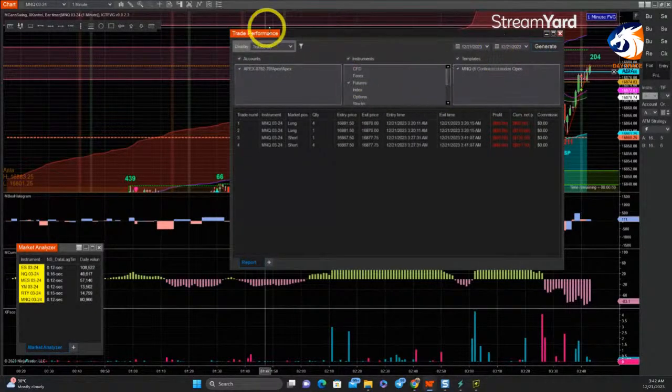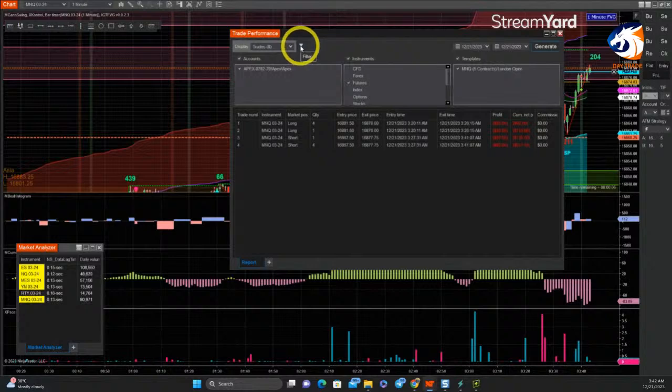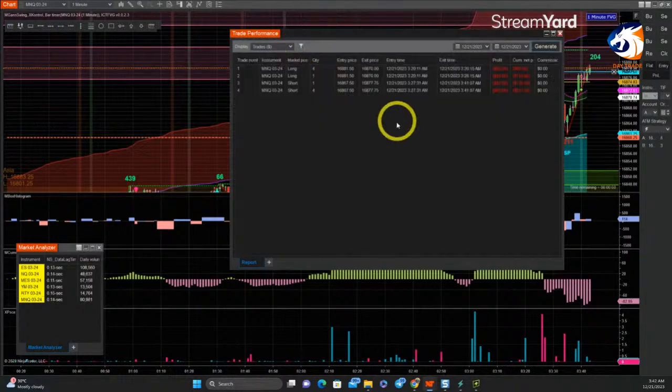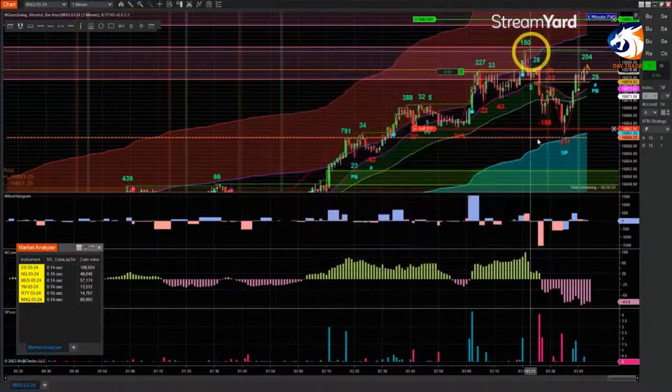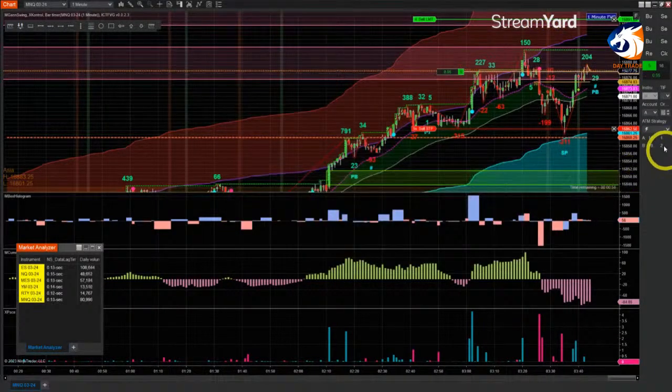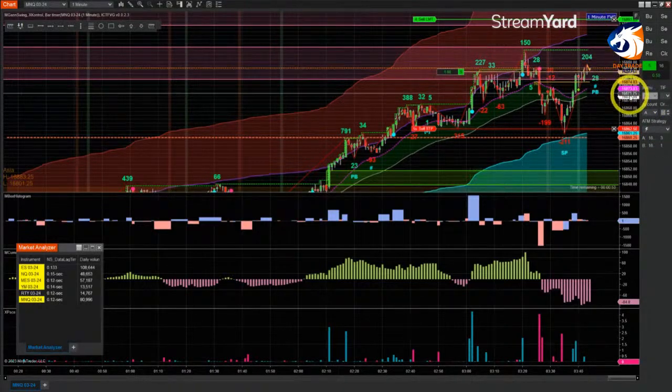So it's 217. That's it. 217.50. Order filled. Well, there I got filled there. Again, that's very manageable. So now we have a target up there for 14 points.